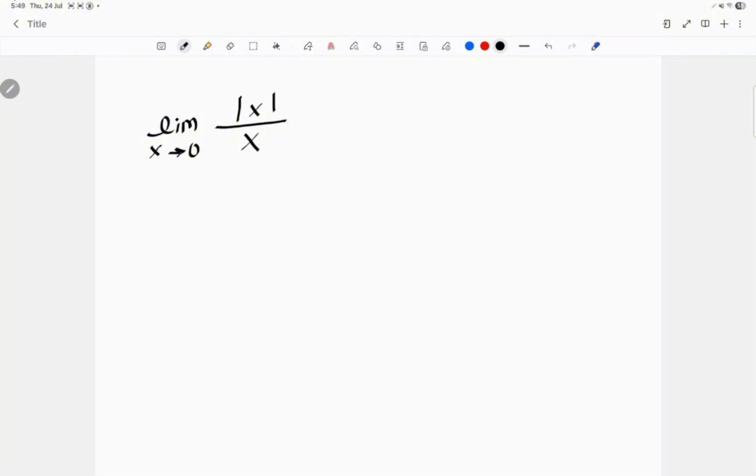Meaning, you must do the following. You say it's negative x if x is less than 0, and it's positive x if x is bigger than 0. So if it's less than 0, left hand limit. Bigger than 0, right hand limit.